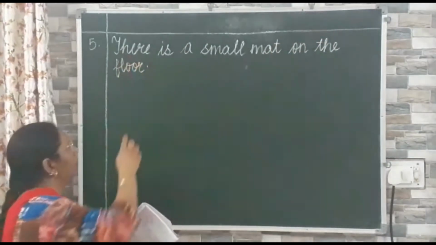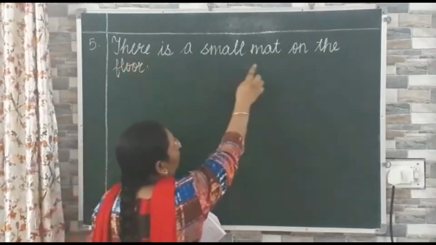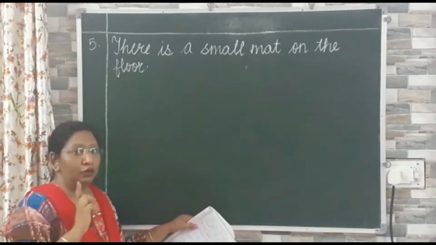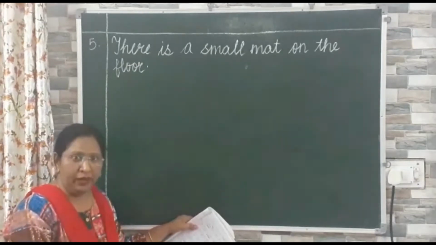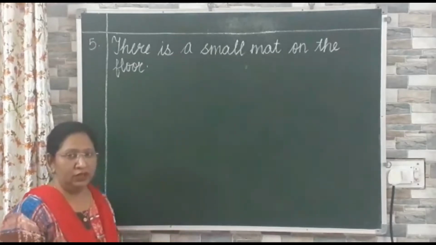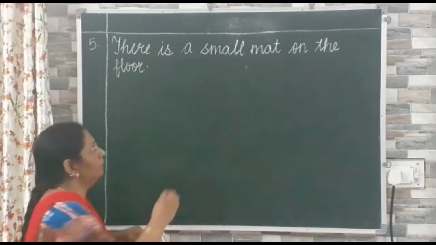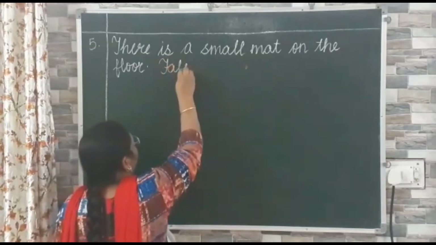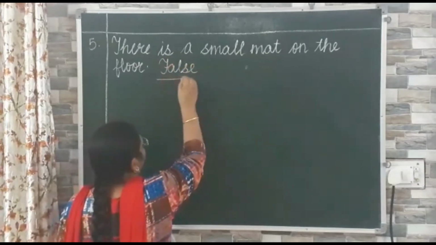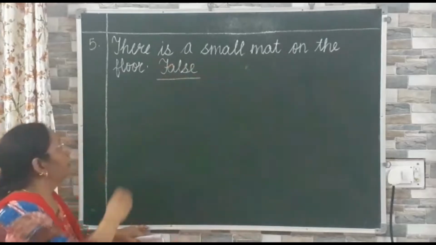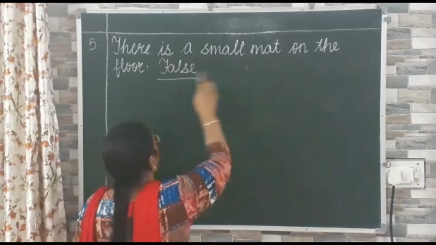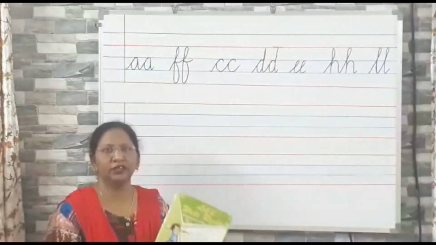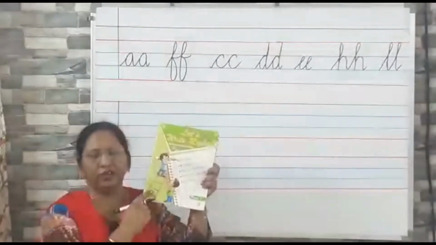Read the sentence again. There is a small mat on the floor. The mat was small? No, there is a big mat on the floor, isn't it? A large mat. So the statement is false again. Write down F-A-L-S-E. False. Underline the word on the red line. There is a small mat on the floor. False. Okay?